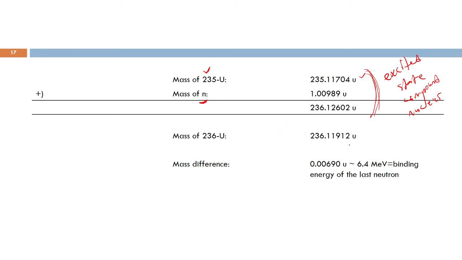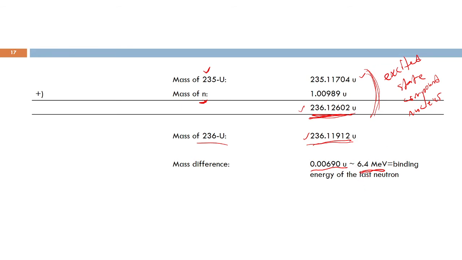As opposed to this excited state compound nucleus, the ground state, or the stable state, uranium-236 is slightly less than this one, which is 236.11912 U. So the difference between this one and this one is about 0.00690 U, and that is equivalent to 6.4 mega electron volt.